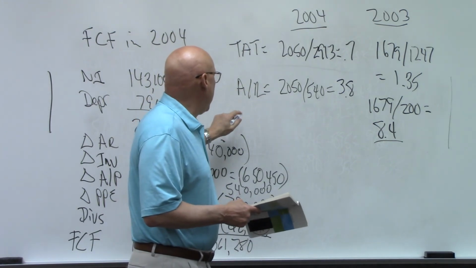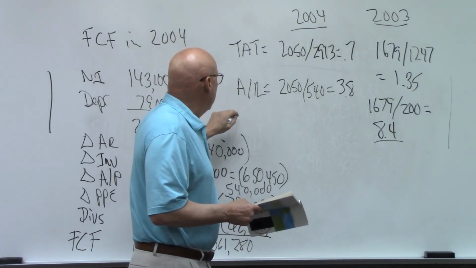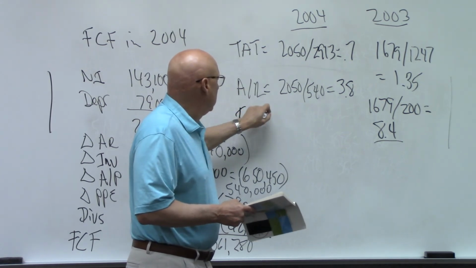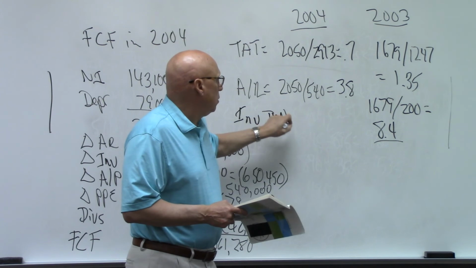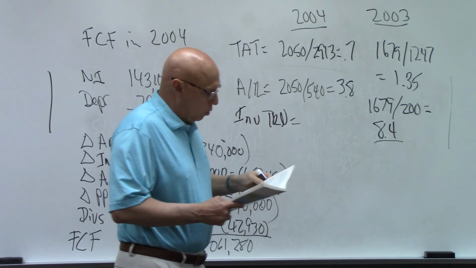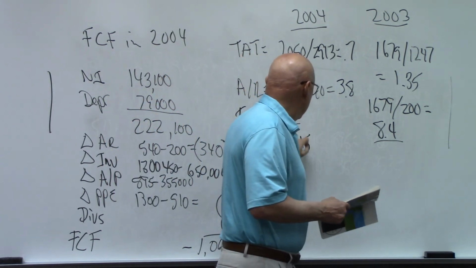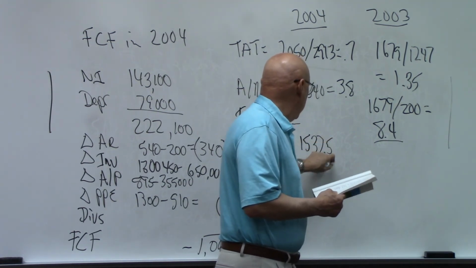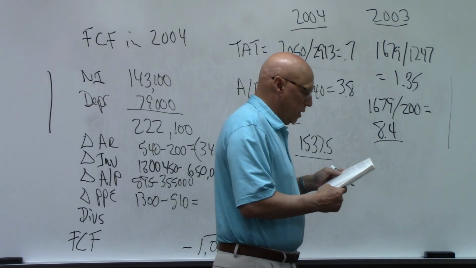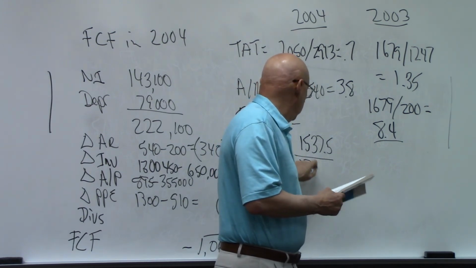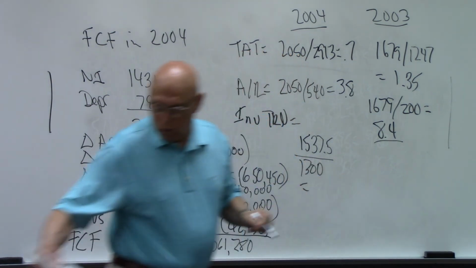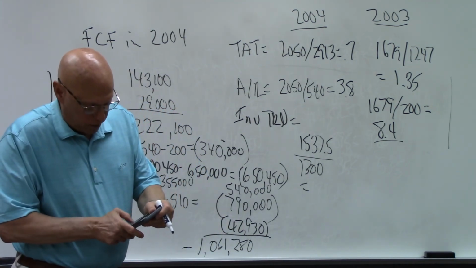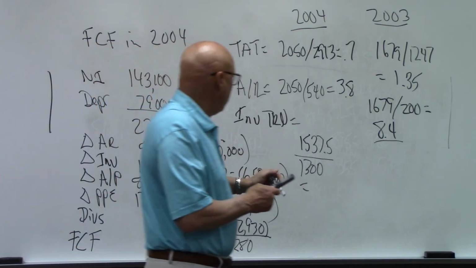All right, let's look at inventory turnover. And that's cost of goods sold, 1537.5 divided by inventory, 1300. 1537.5 divided by 1300 is 1.025.